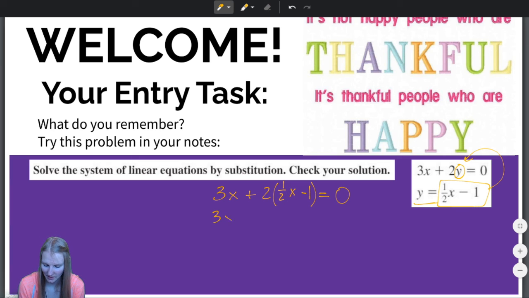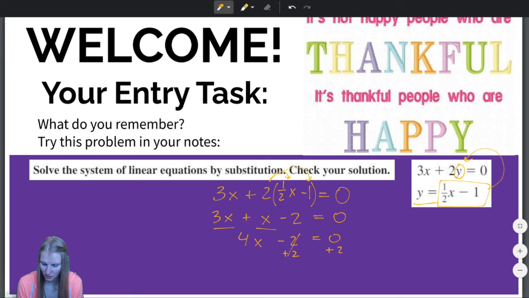All right, let's solve for x now. 2 times 1/2, see, half of 2 is 1, and 2 times -1 is -2. So this gives us 4x minus 2 equals 0. We combined like terms in that step.